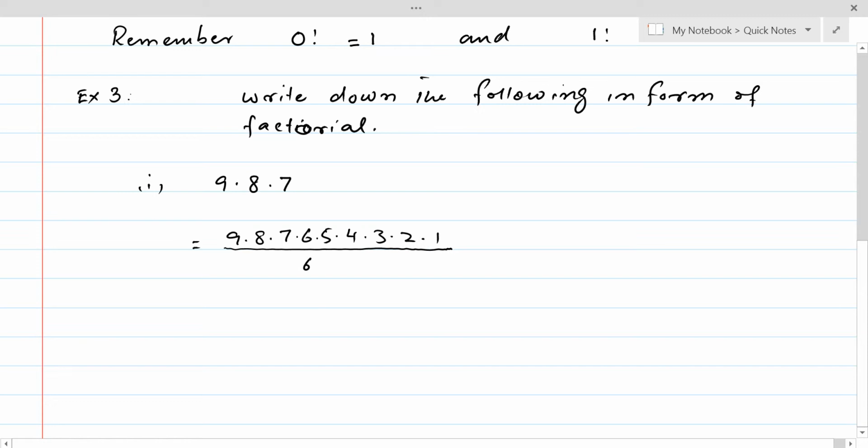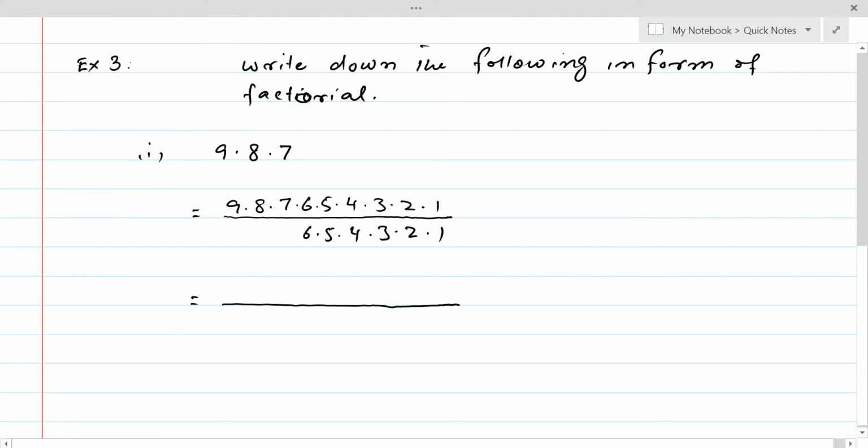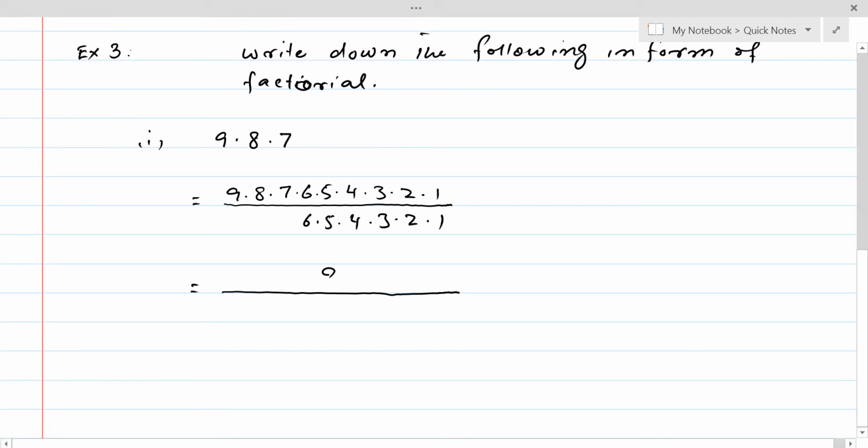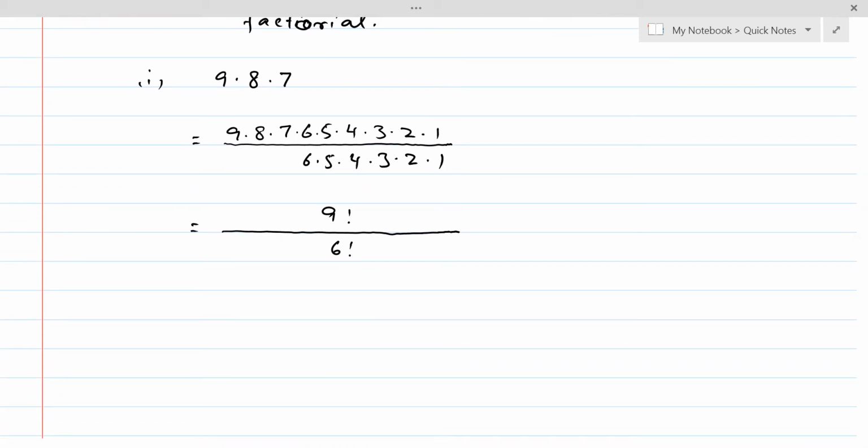So we are going to write 6 times 5 times 4 times 3 times 2 times 1, and this will give us in the numerator a product of consecutive natural numbers all the way up to 9. Therefore this would be equal to 9 factorial, and in the denominator we can write 6 factorial, because in the denominator we have the product of natural numbers all the way up to 6. Therefore it is okay to write this number as 9 factorial over 6 factorial.